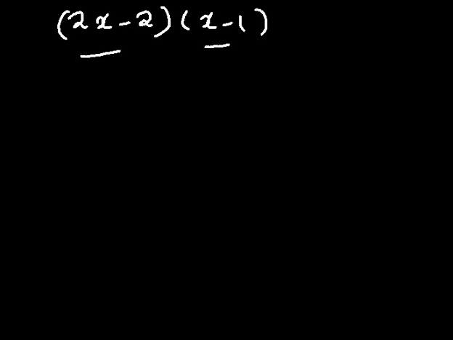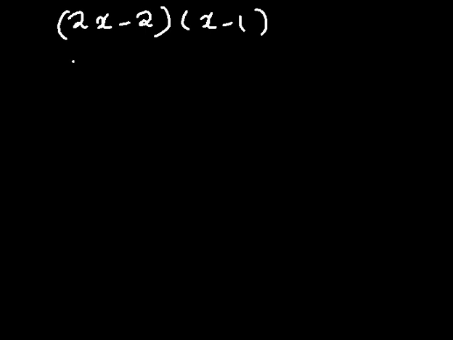So now let us see how we can factorize quadratic expressions. Let's say we have 2x minus 2 times x minus 1. If we have the product of these two expressions, we'll have the quadratic expression.